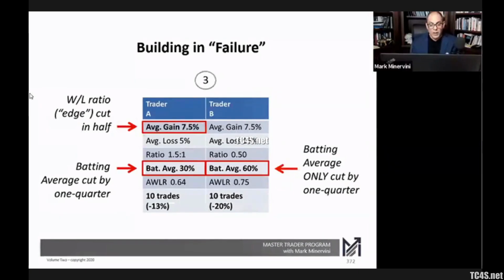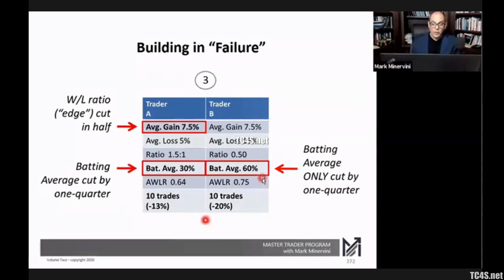Like before, we cut the win-loss ratio in half, but we're also going to take the batting average down. We're going to take the batting average now from 40%, 4 out of 10 winning trades, to only 30%. So now only 3 out of 10 trades. Now after 10 trades, we have a 13% loss, right?